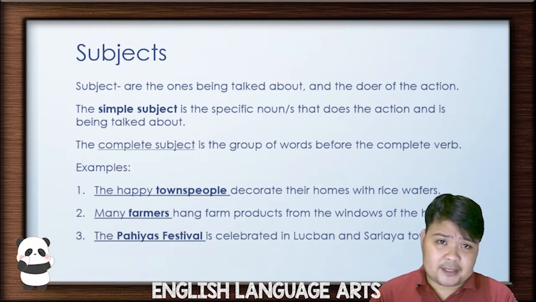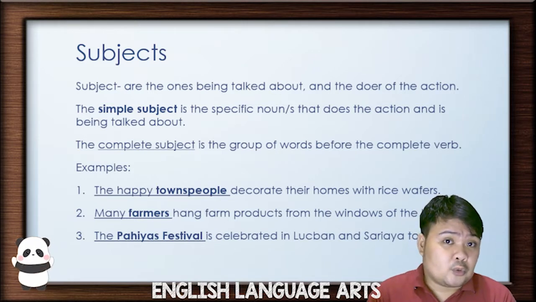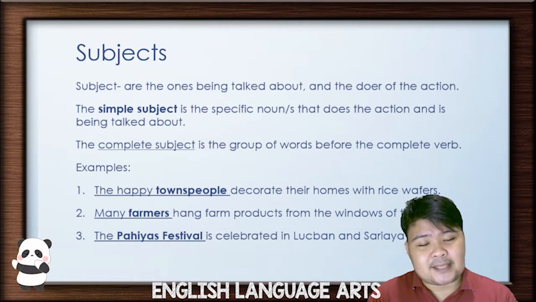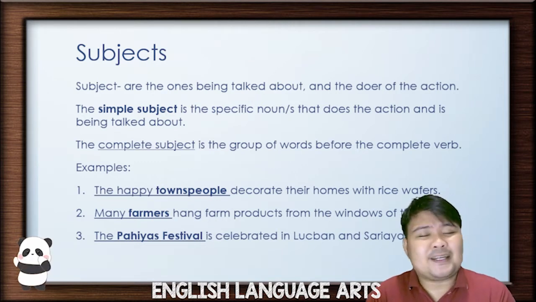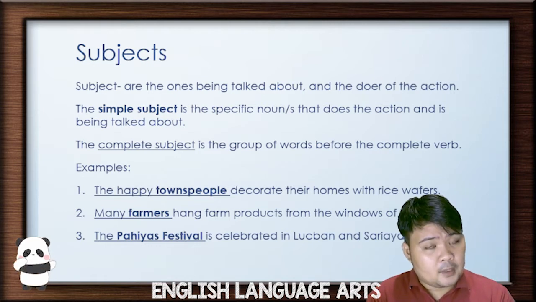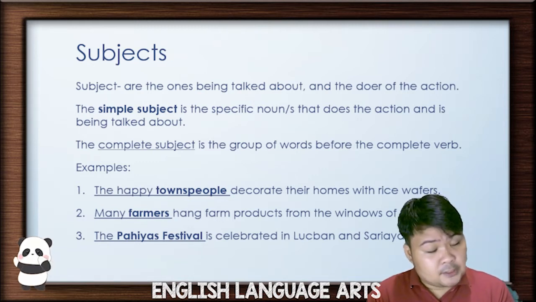When you say subject, this is basically the one being talked about. This is also the doer of the action. Take note, when we're talking about sentences, the subject is basically everything before the verb. But if you're talking about nouns and you say subject, you're only referring to the specific noun, which comes to the term simple subject.